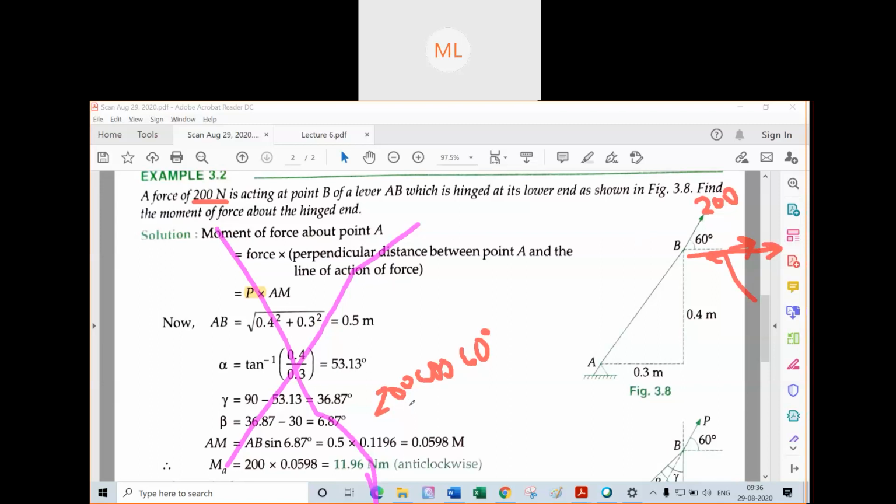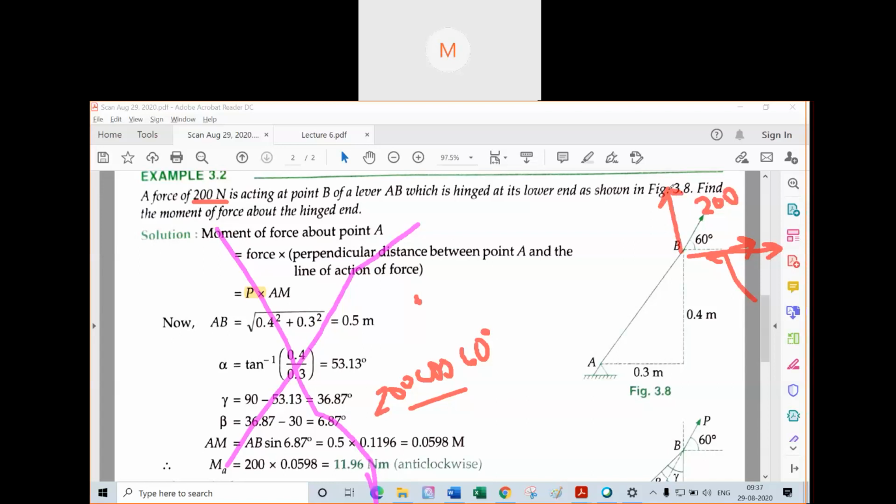So force in x direction, write it down. Force in x direction is 200 cos 60. Now similarly, what will be in y direction? Can you tell me the expression for y? What will be the 200 force? 200 sin 60 degree. Very good.